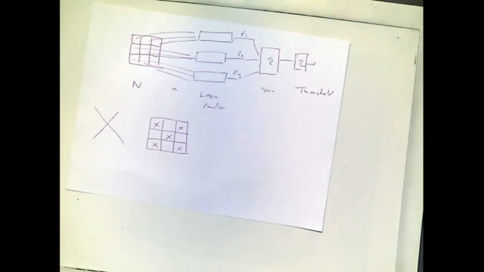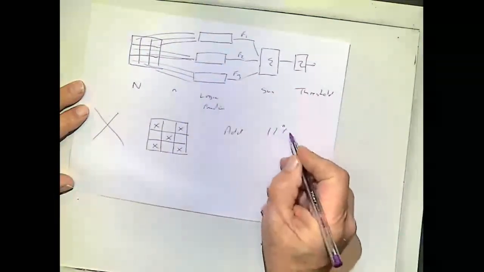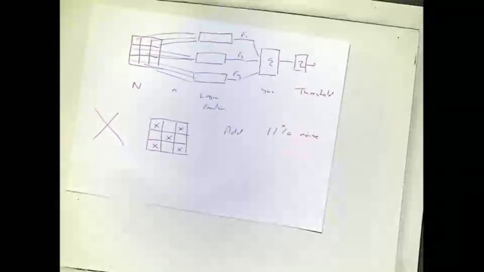Now to generate a training set that's representative, a typical trick in exam questions is to say, let's add noise. And if I say add 11% noise, what do you think that means on a 9-pixel image?